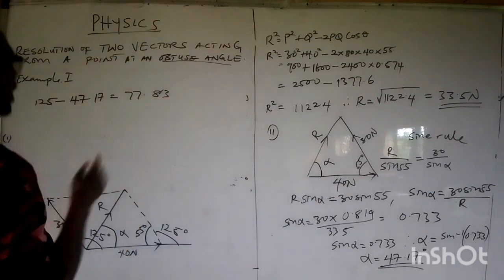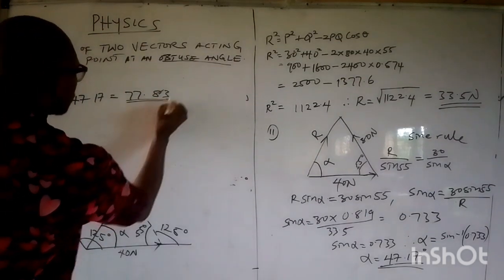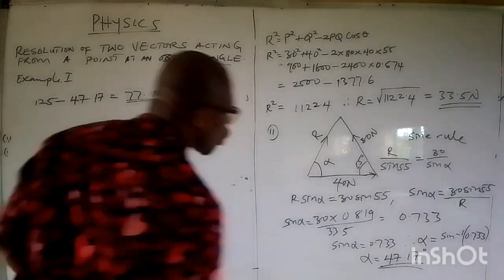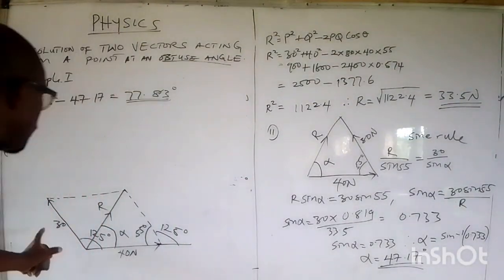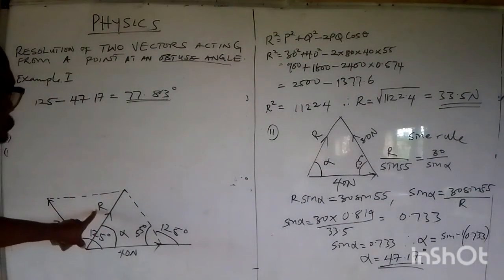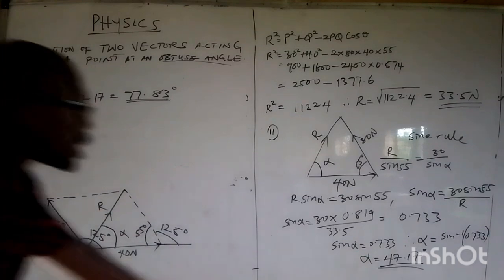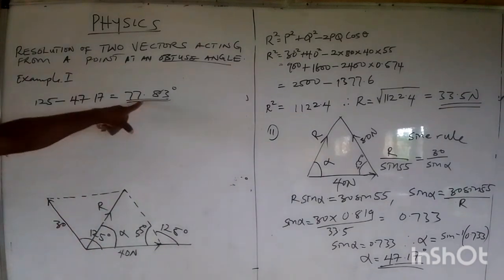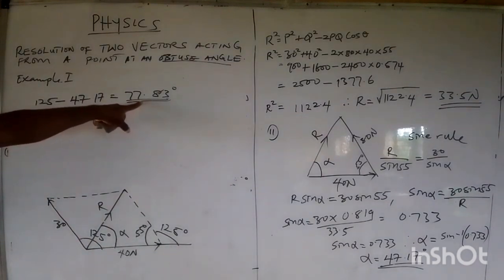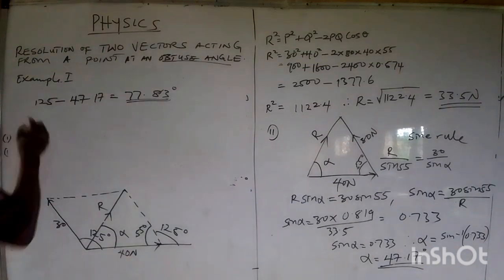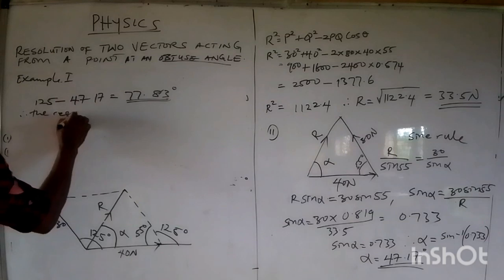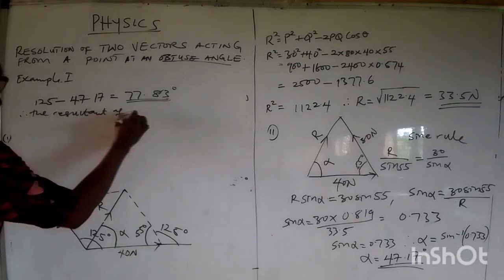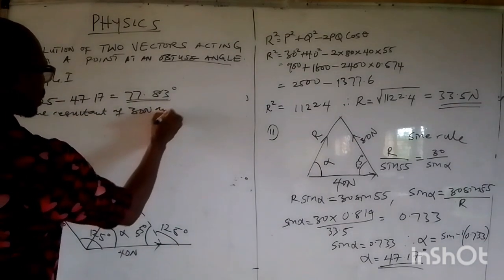Therefore, we can conclude that there are two directions. We say the direction of the resultant to the 40 Newton force is this. Or, the direction of the resultant to the 30 Newton force is 77.83.